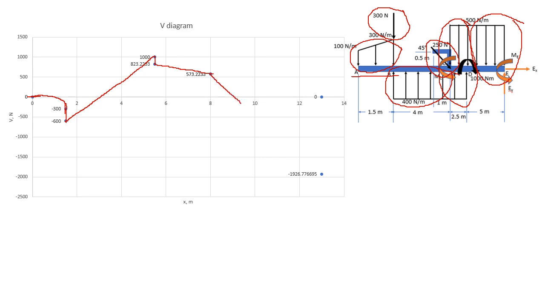So that will give us a straight line there. And finally, because of our upward force here, EY, that is also 1926.77695, our graph would go up to 0. That would be our curve.